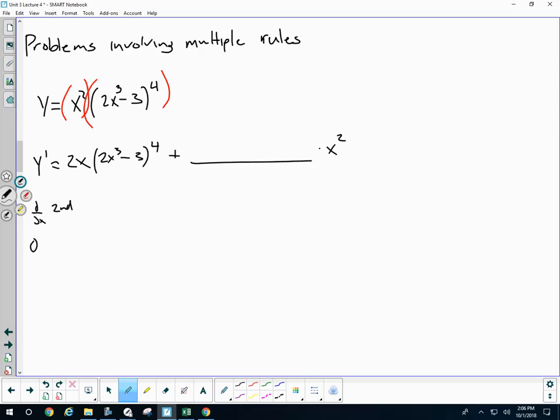It's got an outside, it's got an inside. The outside is the fourth power. The inside is the 2x cubed minus 3. Take the derivative of the outside and the inside and find the product of those. Fill that into the space. Go.